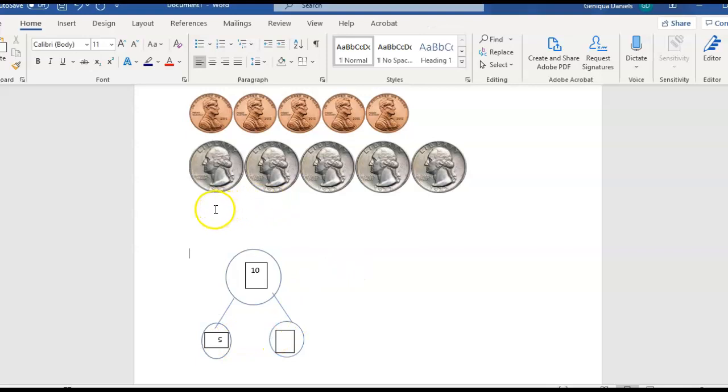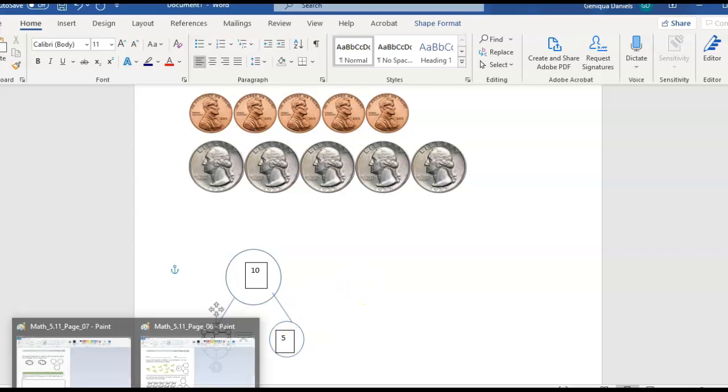Now let's see, how many quarters do we have? Get ready. 1, 2, 3, 4, 5. How many quarters do we have? Yes, we have 5 quarters, and we know that 5 is our other part.